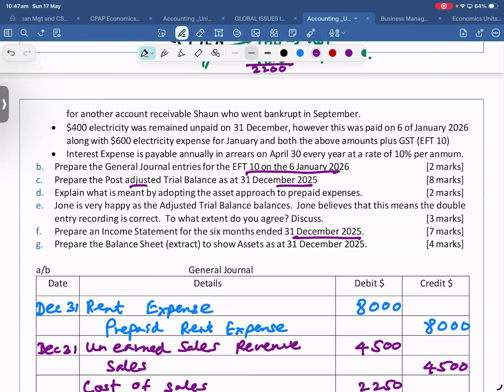That means what's the double entry for 400? Accrued. What's the double entry for the accrued?